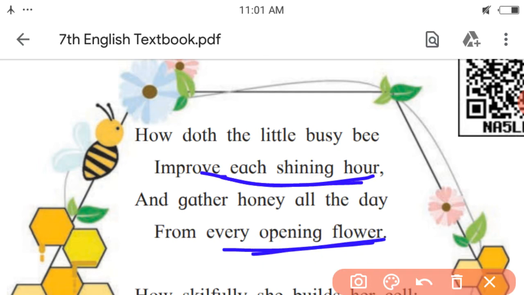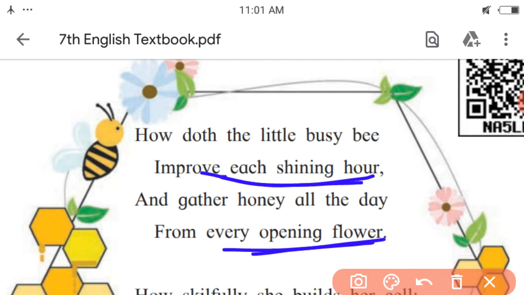every opening flower. So throughout the daytime honeybees are just there to wander here and there, go to many of the flowers, gathering sweet juice from them and taking that sweet juice back to the honeycomb. That is the work of the honeybee throughout the daytime.